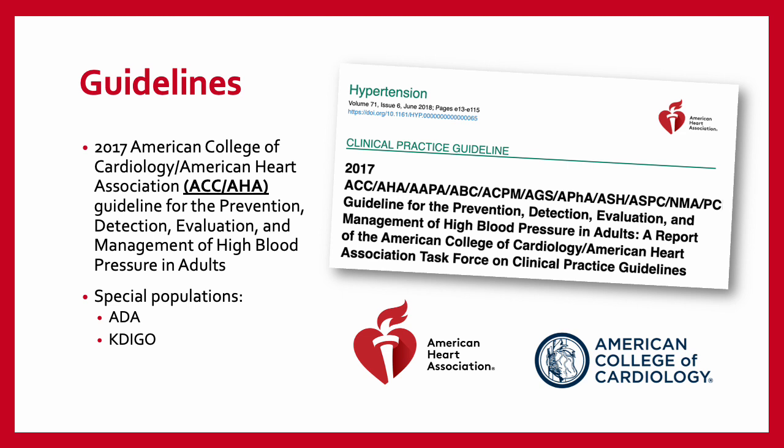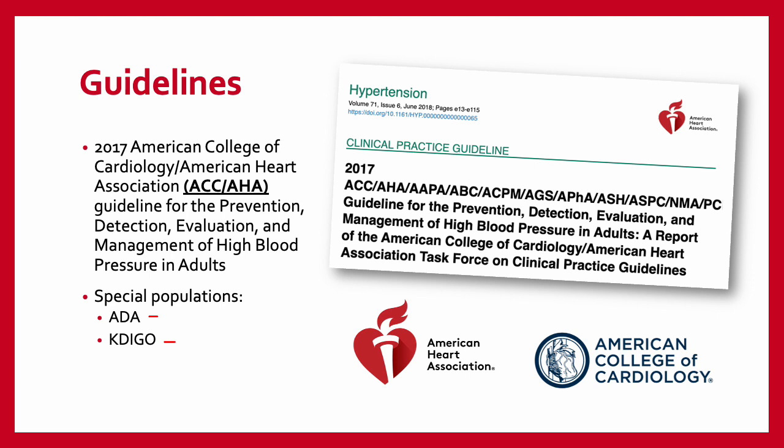So again, the guidelines that we use for the management of hypertension are the 2017 ACC/AHA guidelines. For certain special populations, we can also dive deep into their individual guidelines, diabetes and chronic kidney disease guidelines. But for the most part, the ACC/AHA guidelines are very comprehensive and will have goals and treatment options for all patients with hypertension.